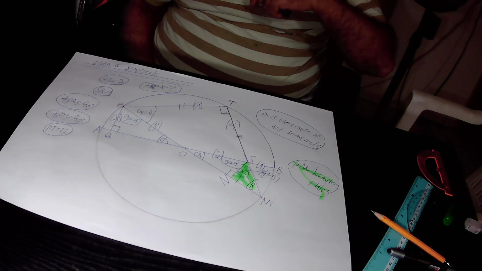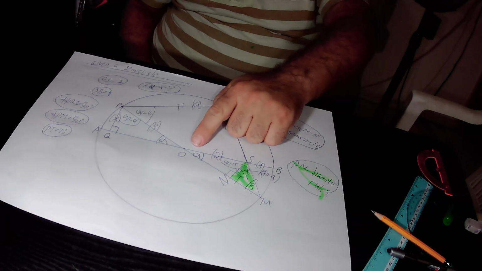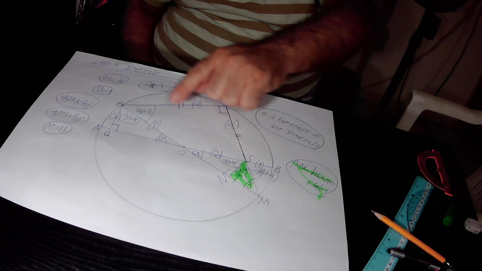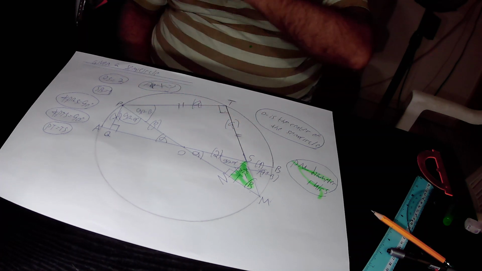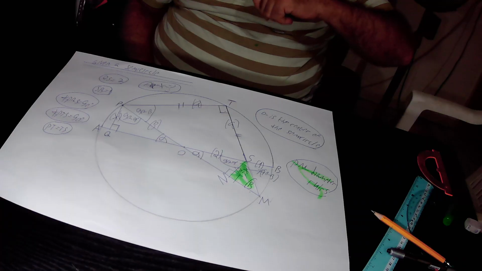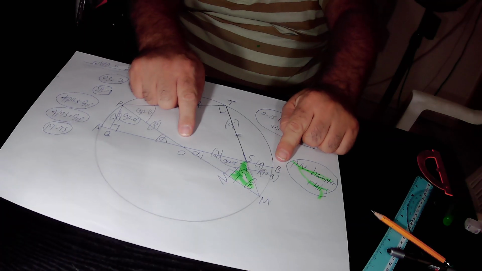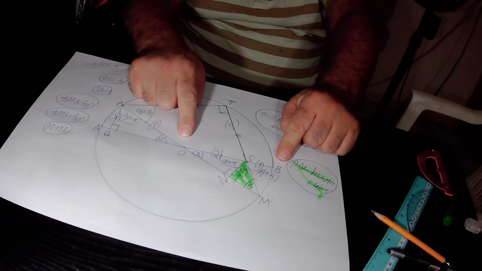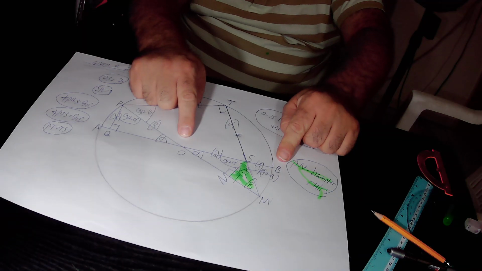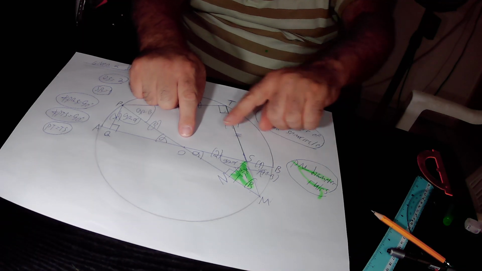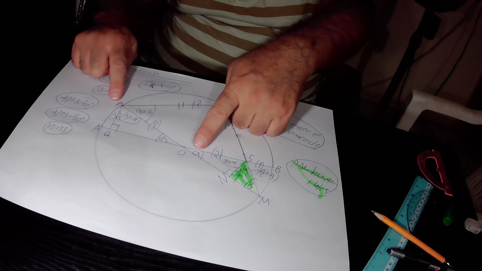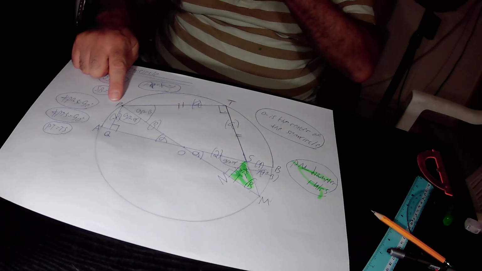So PM is the diameter. Point O is the center of the circle, point P is on the circle itself, therefore OP is the radius, OM is also the radius, and OB is also the radius of the circle. OB in total equals 2 plus 1, that is 3. So the radius OM is 3, and the radius PO is also 3.